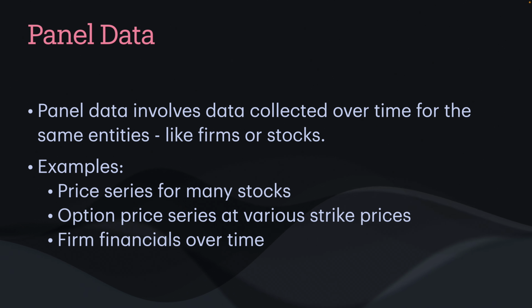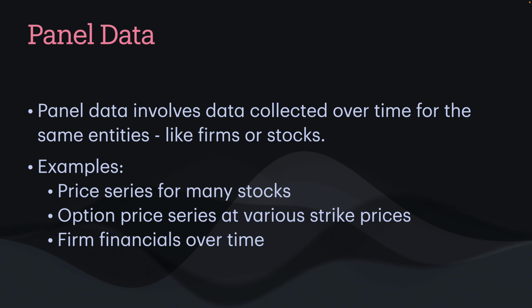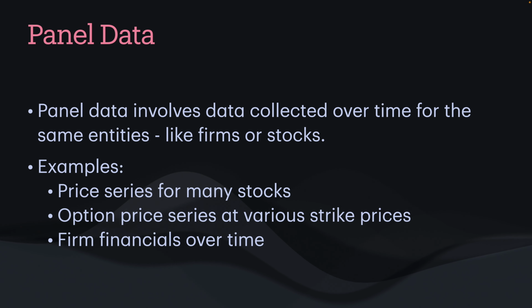Examples of panel data include price series for many stocks, option price series at various strike prices, and firm financials over time. More formally, panel data is a combination of cross-sectional and time series data. This dual dimensionality allows us to observe changes over time and across different entities, offering rich insights for empirical analysis.